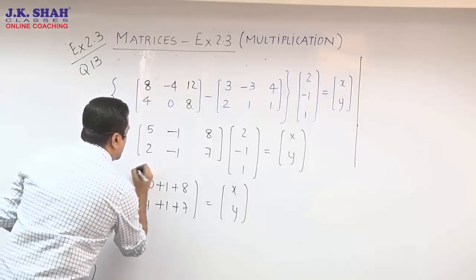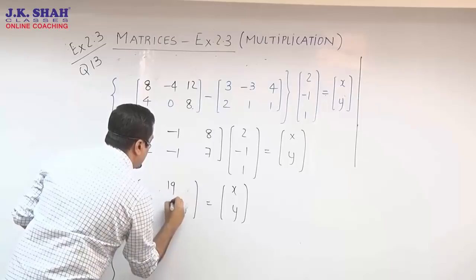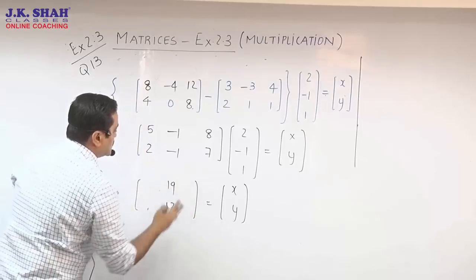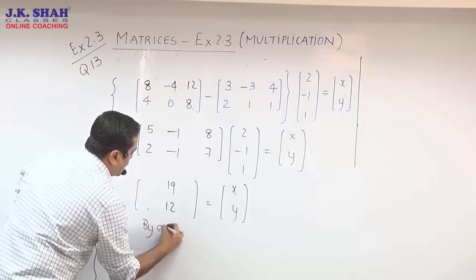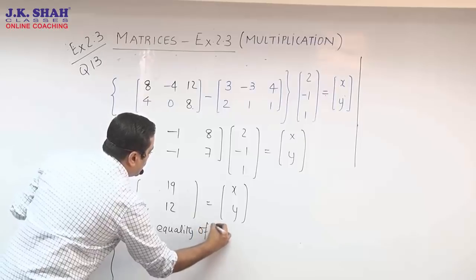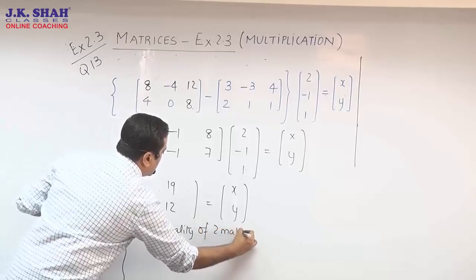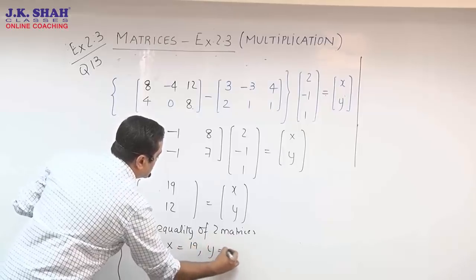So it's going to be 19. It's going to be 12. So finally, since the two matrices are equal, by equality of two matrices, which we need to mention, do not forget please, we can easily put down that x is 19 and y is 12.